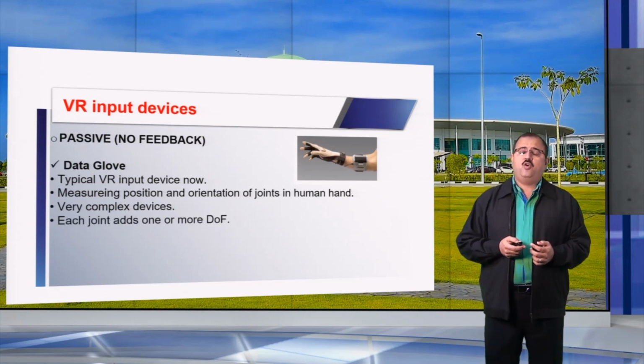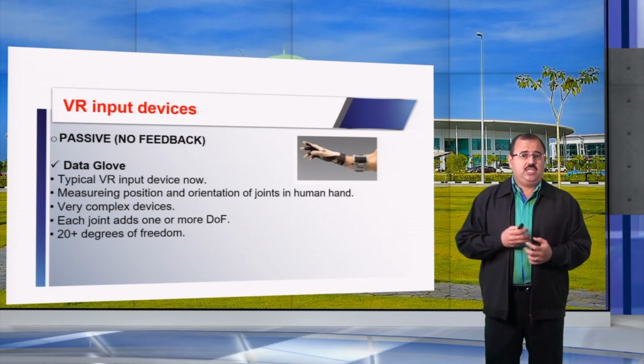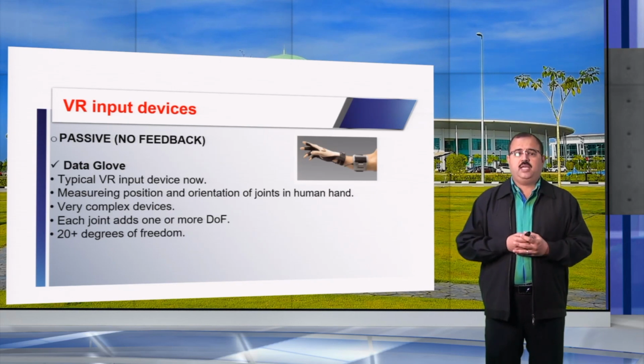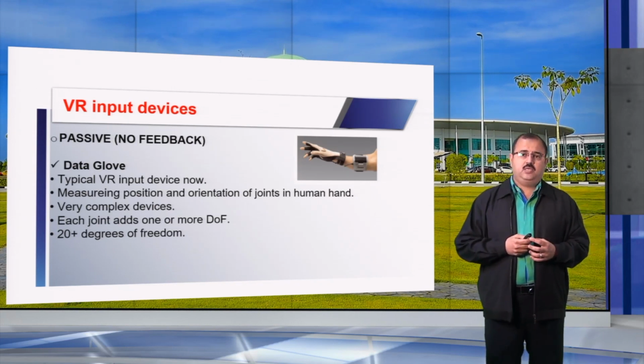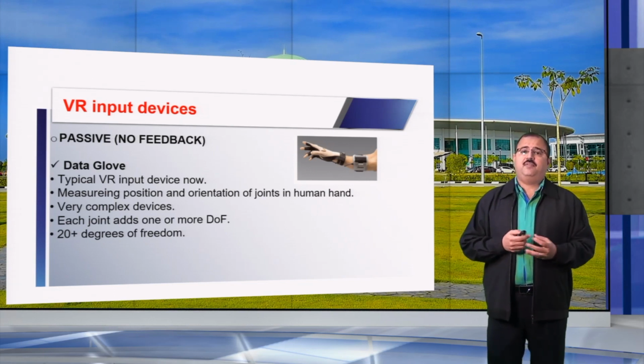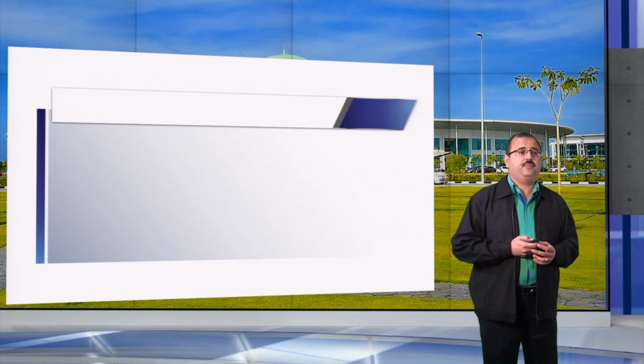Each joint adds one or more degrees of freedom, so the Data Glove can be considered to have 20+ degrees of freedom.